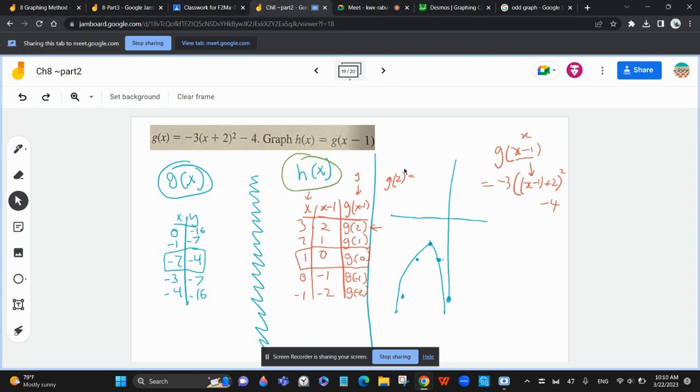Wait, is it? So g of 2 is just plugging in 2 to the function g. So you get 2 plus 2 squared minus 4.